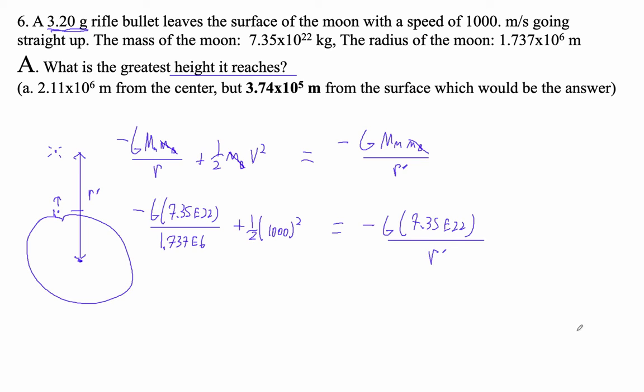Okay. So what I'm going to do is find this entire side, and then I'm just going to go this times this divided by this entire side here because of math. So the opposite of 6.67E minus 11 times 7.35E22 divided by 1.737E6 plus 0.5 times 1,000 squared.